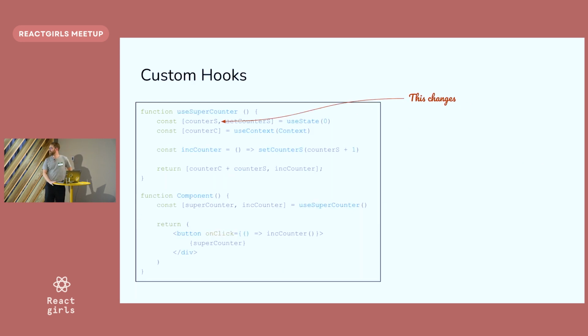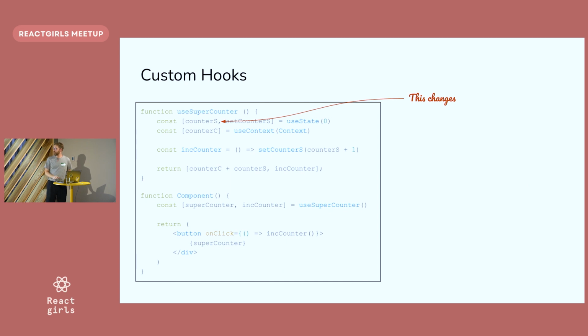Again, now custom hooks. So we have this super counter, use super counter. It's using the state and the context, and then you have a component that uses this custom hook.